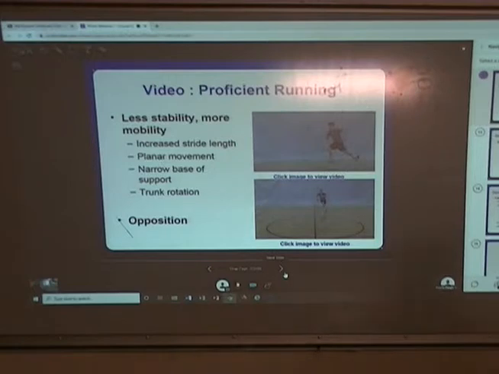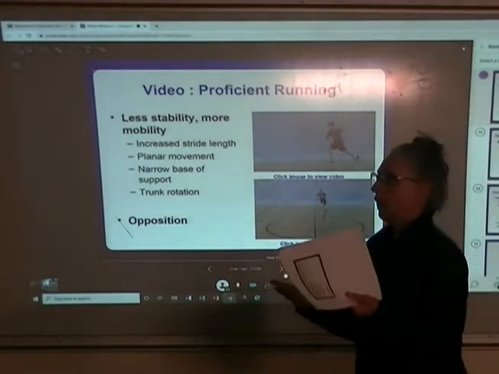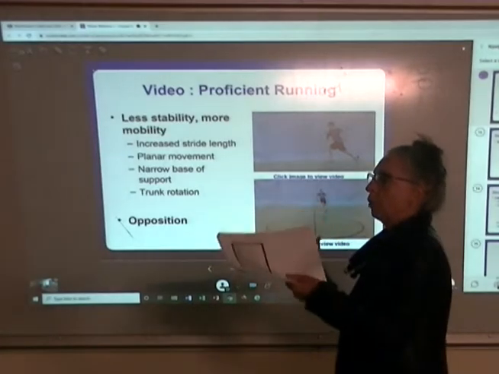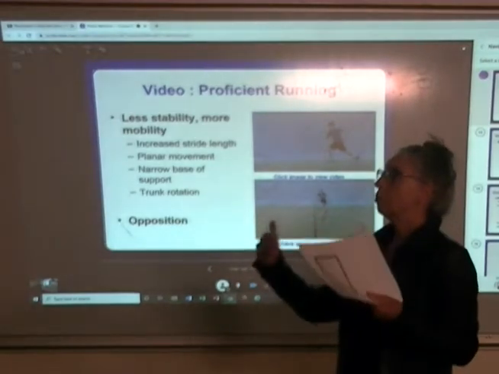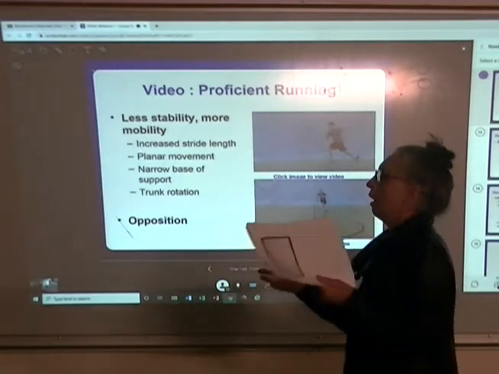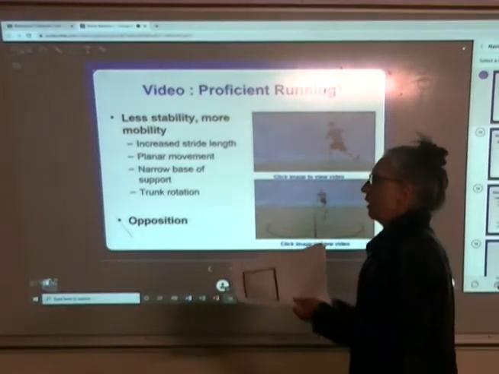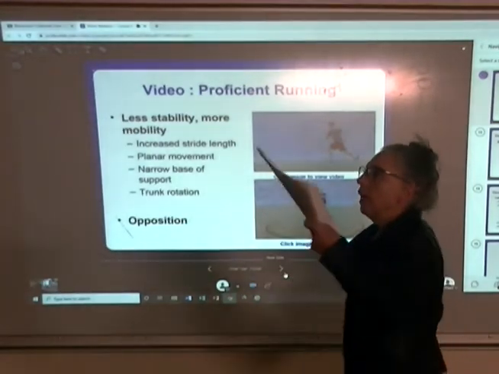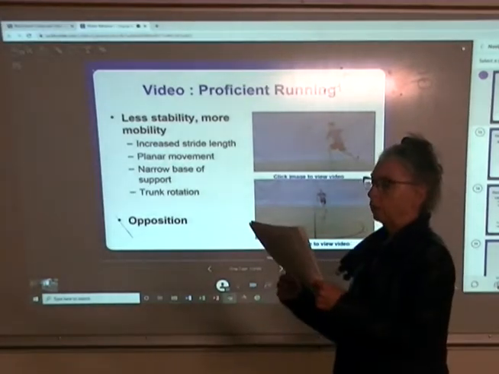Okay, so with more practice, we have the same idea that we have with walking. The more we practice, the more the brain starts to shift the motor pattern from something that's very stable to something that has more mobility in it. So I'm taking a longer stride, I'm bringing my feet in underneath my hips, I'm starting to get some rotation, and we eventually see arms swinging in opposition, right?